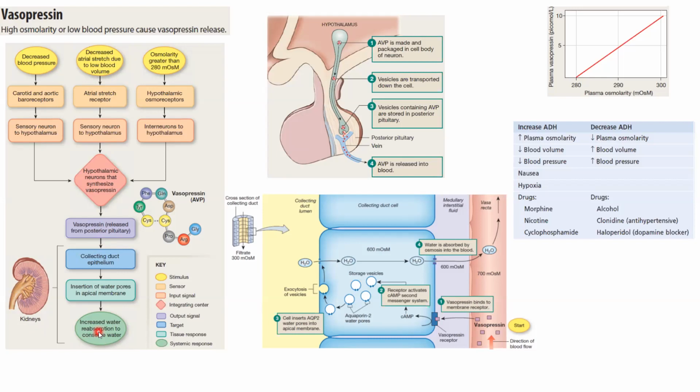Water is conserved, ECF volume is enhanced, and hence that lack of stretch signal by the atrial receptor is worked against. So these are the main things: osmolarity and blood pressure responses on the release of vasopressin or ADH. Right.